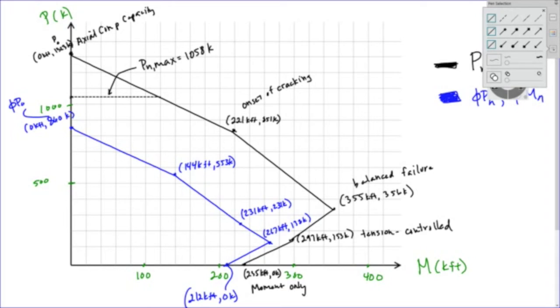We're building an interaction diagram to show you guys how to build an interaction diagram, but then for actual design, we're going to use previously built interaction diagrams. So then phi PN max is, what was it, 688? Like there.